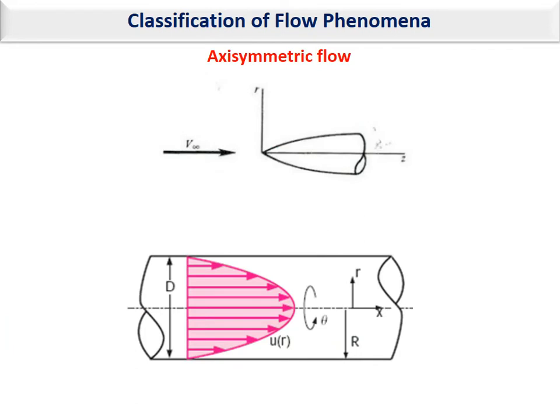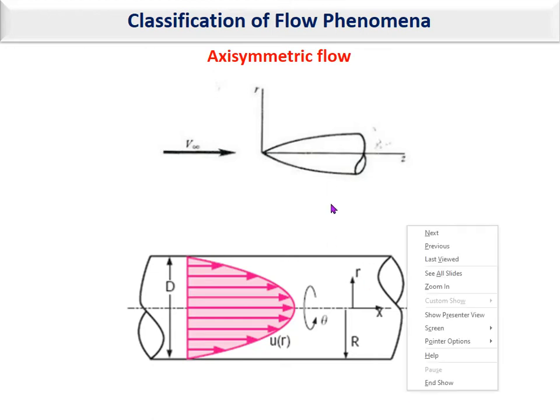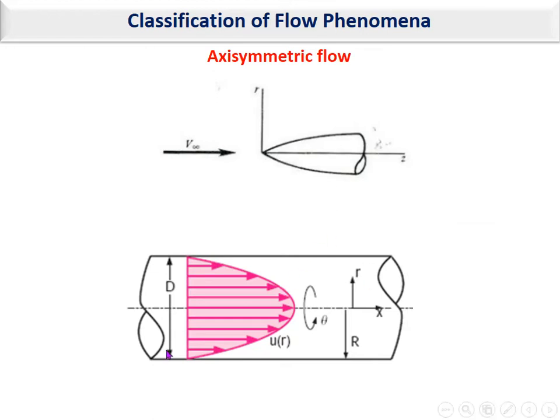Another form of coordinates, which is generally used for axisymmetric bodies, is axisymmetric flow. As you can see here, the flow over an axisymmetric body like the one shown at the top, or the flow at the bottom, which is the flow in the pipe, are generally considered axisymmetric flow.